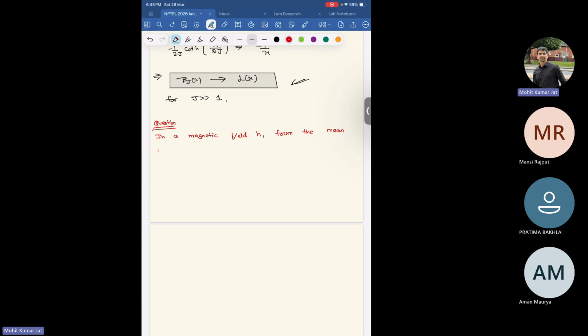From the mean field solution of the Ising model, the leading order correction to magnetization M at the critical temperature Tc equal to ZJ/kB is.